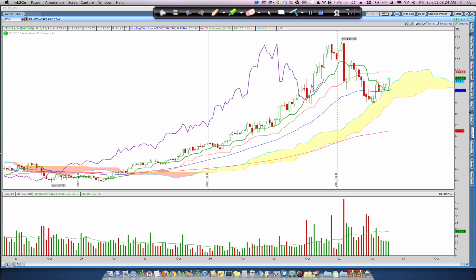And it takes the lowest value and the highest value of those 9 candles and gives you a point in the middle right here, and that's today's point. The halfway between the high and the low gives you the end of the Tenkan-sen.